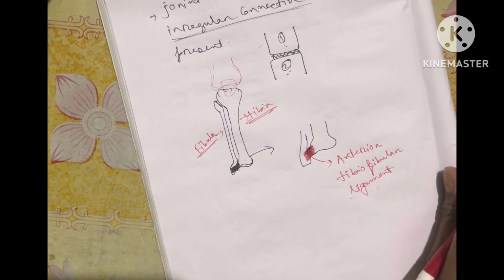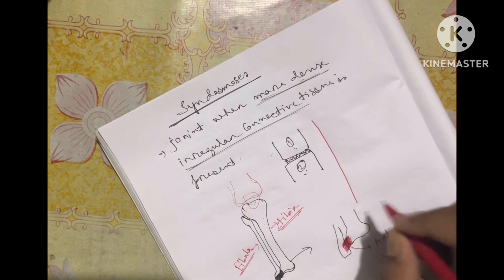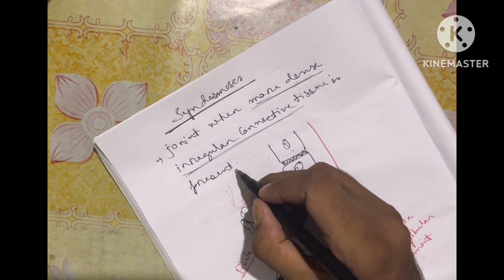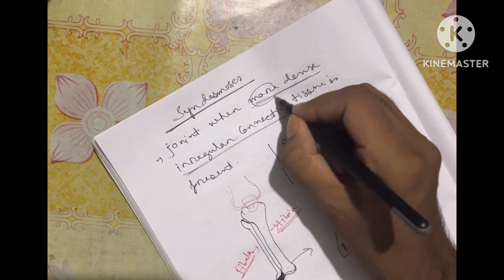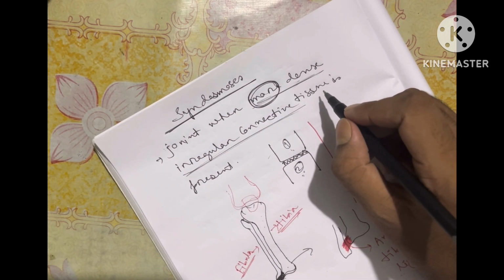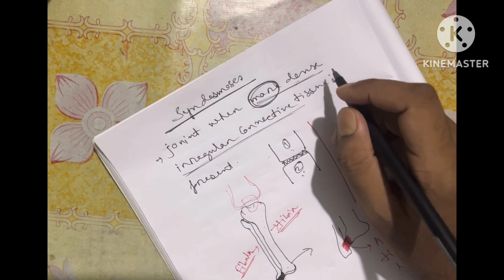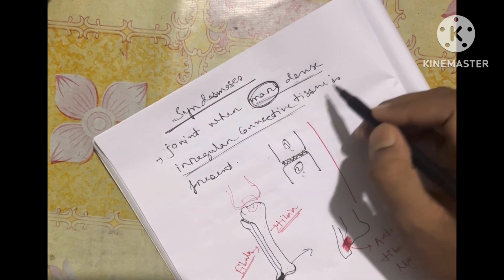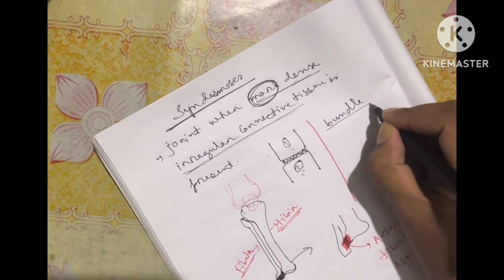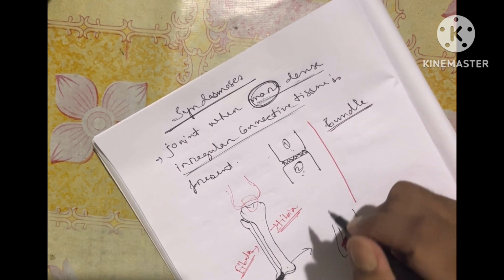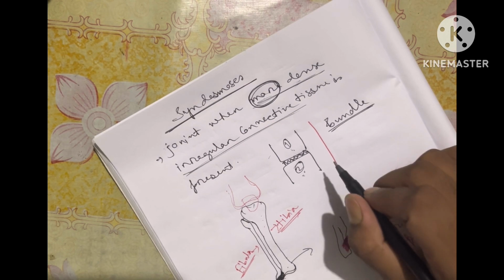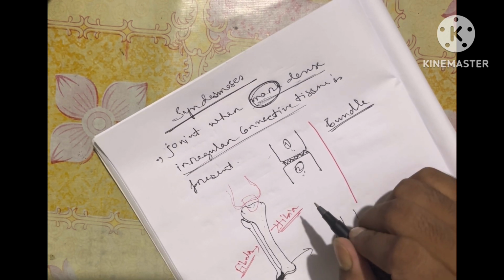So what happens in case of syndesmosis? We can find it is a dense irregular connective tissue. We know it is more dense than the sutures. Dense irregular connective tissue is typically arranged as a bundle, and this kind of bundle is called a ligament.